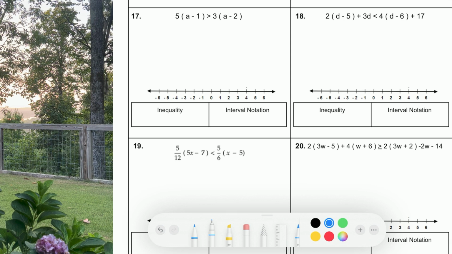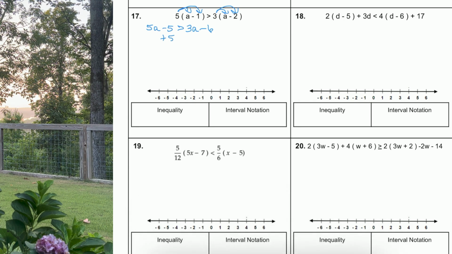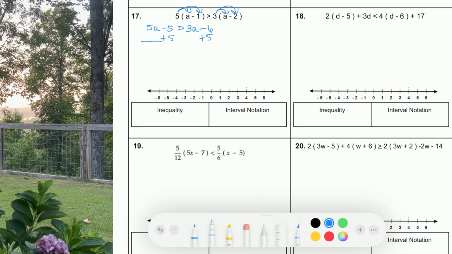Number 17. 5 times a minus 1 is greater than 3 times a minus 2. I need to distribute first to the items within the parentheses. So I get 5a minus 5 is greater than 3a minus 6. Add 5 to both sides.